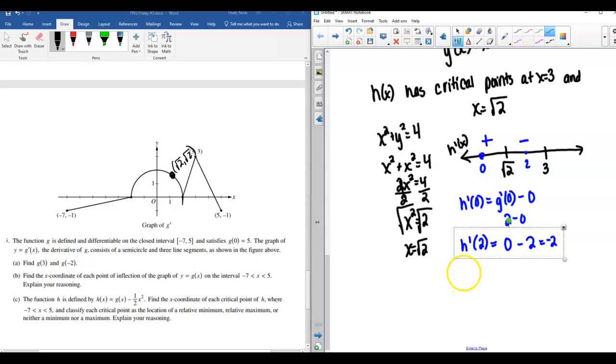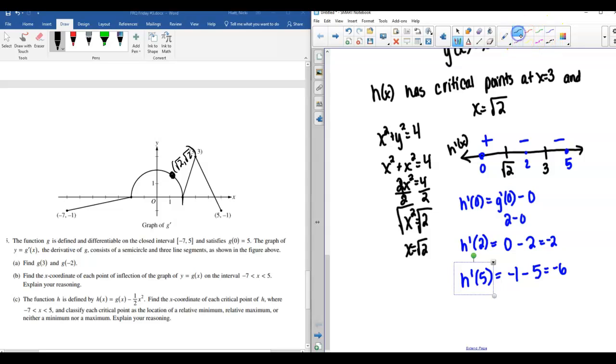Then I need to plug in some number bigger than 3. I'm going to pick 5, just because it's a little bit easier than 4. So h prime of 5 is going to be g prime of 5, which is negative 1, minus 5, which gives us negative 6. So we also have a negative there. So we go positive, negative, negative.